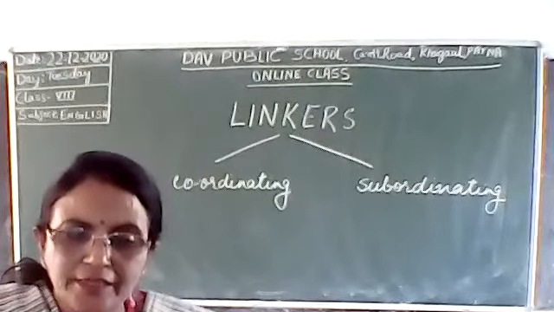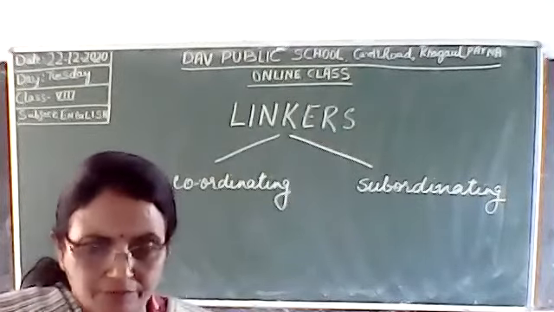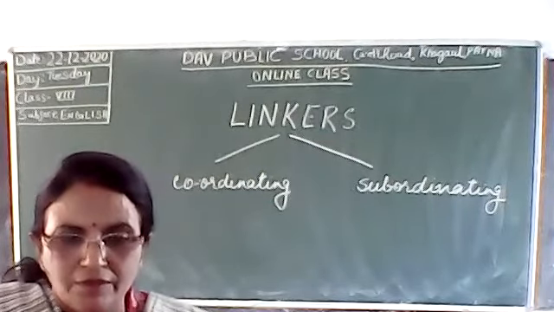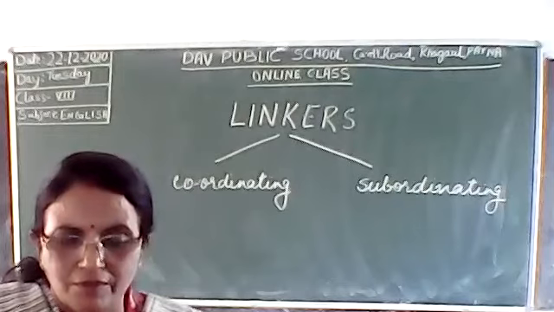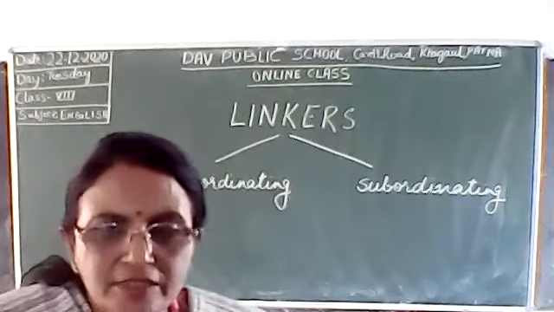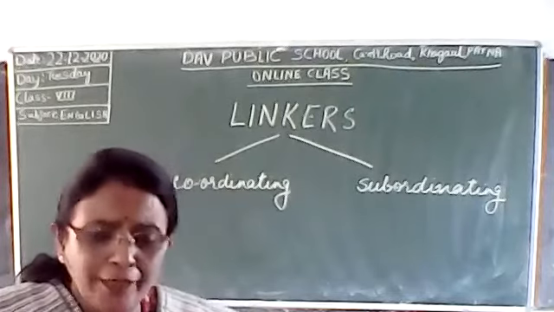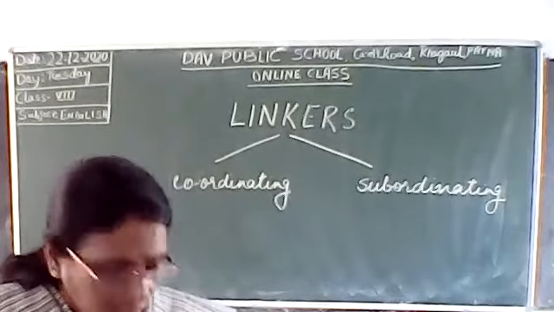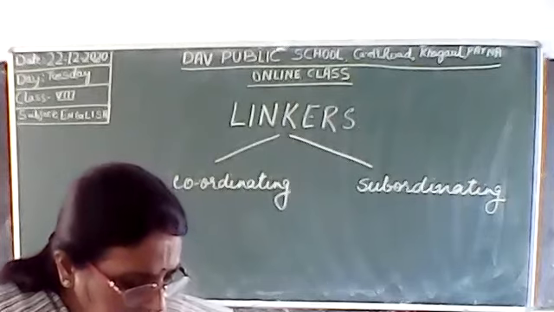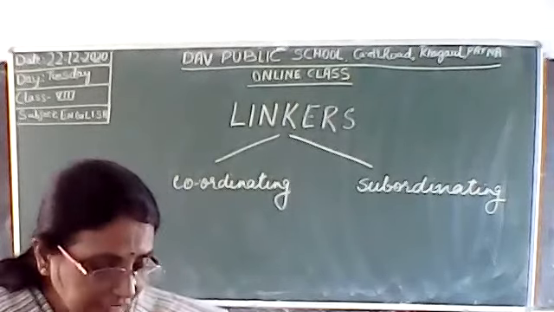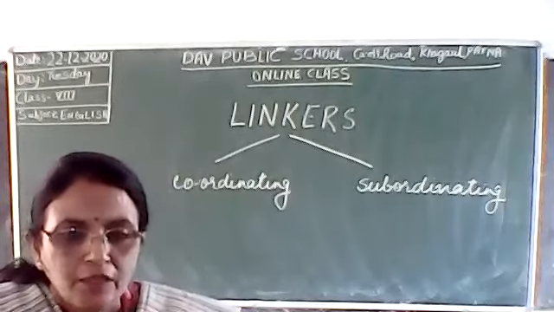A clause is a group of words that has one subject and one finite verb. Now, I taught you the clauses. Now they are saying that linkers are words that connect two sentences or clauses.